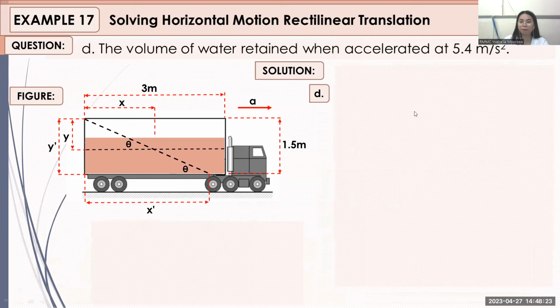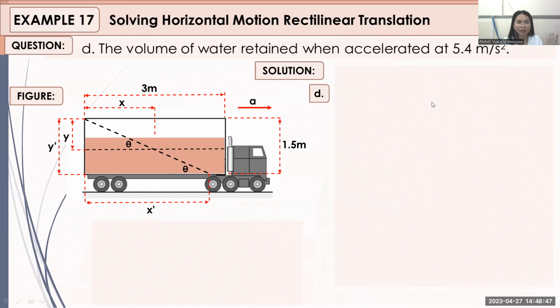Okay, letter D. The volume of water retained when the acceleration is 5.4 meters per second squared. So kung kanina, yung problem natin, 3 meters per second squared lang yung acceleration, may tumapon na tubig. What more kung mas nilakasan pa natin yung acceleration natin?